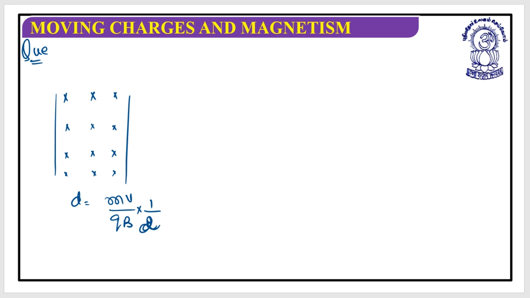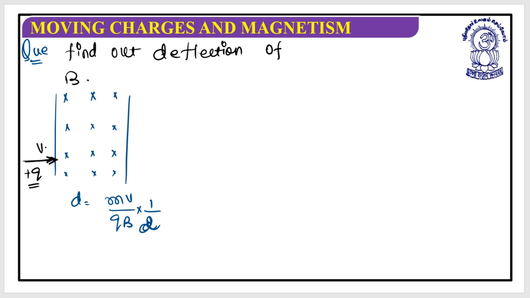A charged particle is entering with a speed v. This charged particle, plus q, enters with speed v, and the magnetic field is B. Now they ask to find the deflection of the charged particle.